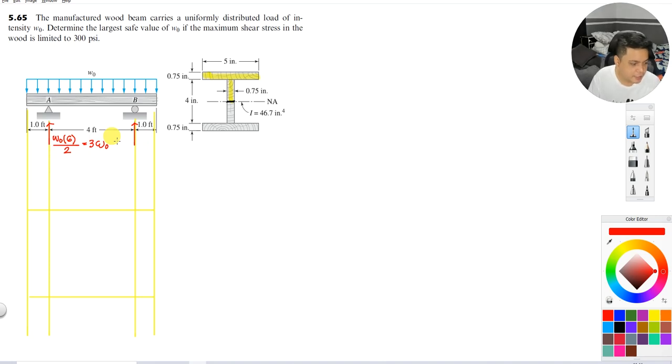So, you have here the 3, W, O. And then this is 3, W, O then. Okay? So, that's it. So, we can have that reaction. Next. So, punta tayo sa moment shear diagram. Oops. Wait for a while. Kunin ko yung aking ruler.